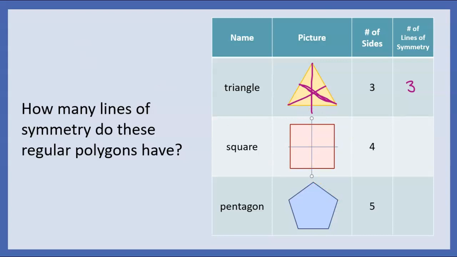And then we also talked about diagonals of a square. That's a line of symmetry, right? We can fold it into triangles. And this is also a line of symmetry, diagonal. So the vertex to the vertex. So how many did we get there? How many total? See, we have 1, 2, 3, 4. We already counted this one. So we must have 4.